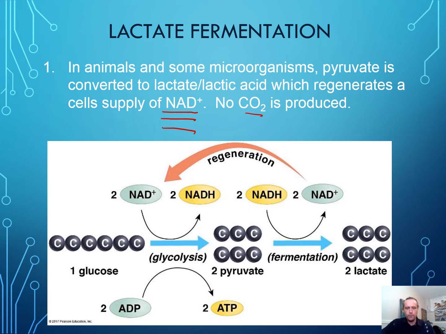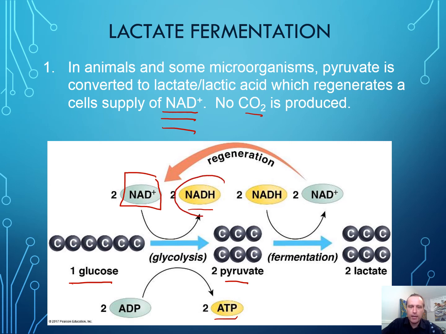So what happens? The left-hand side of this diagram, where one glucose is used to make pyruvate, we get some ATP and NADH. That's just glycolysis that we've studied already. Now, it slowly uses up the cell supply of NAD+, so we need to get more somehow. So what happens is this.